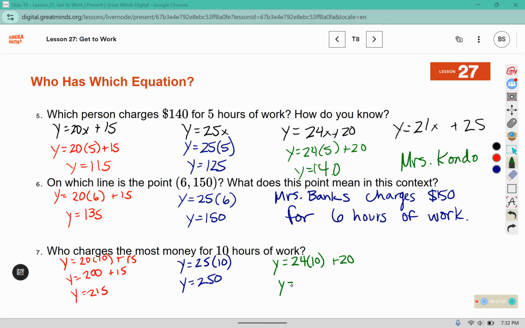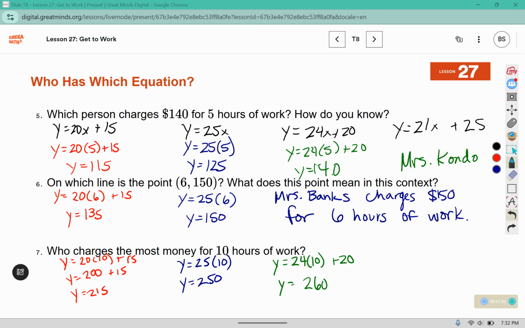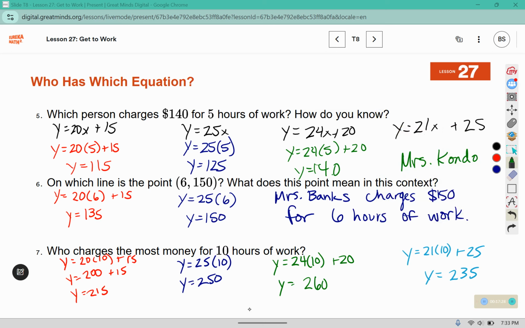And 240 plus 20 would be 260. And then our last equation, we had 21 times 10 is 210. 210 plus 25 is 235. So Mrs. Kondo charges the most for 10 hours of work. She charges $260 for 10 hours of work.